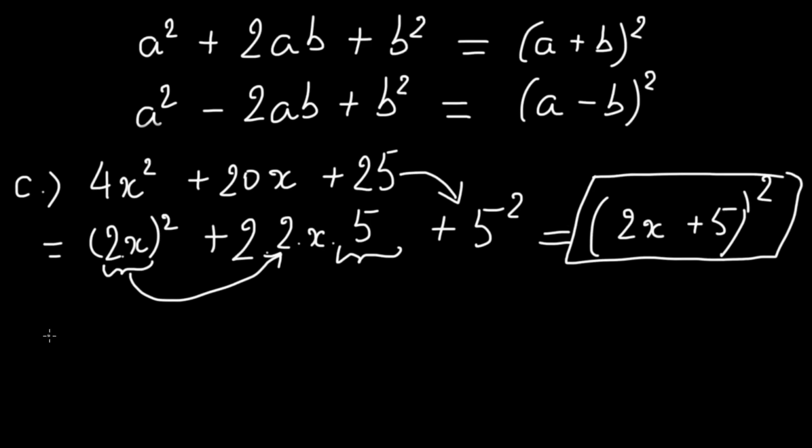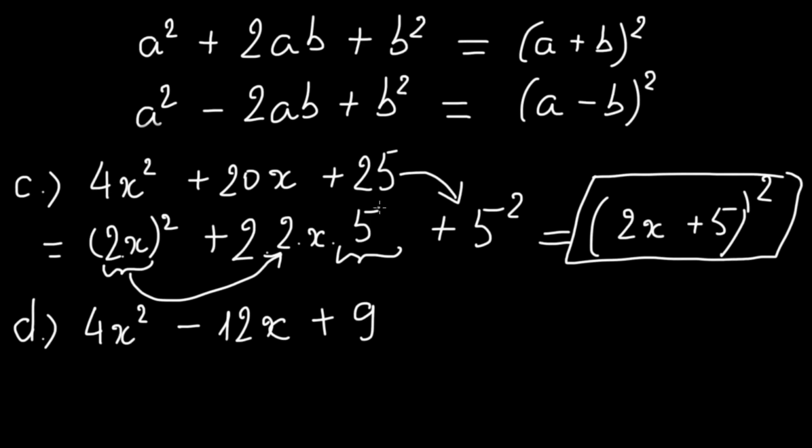Let's look at another example here. D, 4x squared minus 12x plus 9. We need to factor this out. We see this expression is very similar to the form a squared minus 2ab plus b squared.